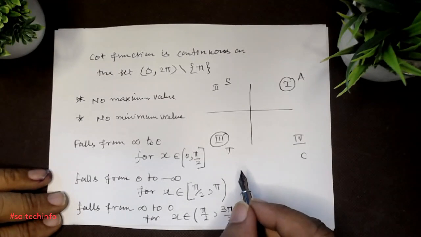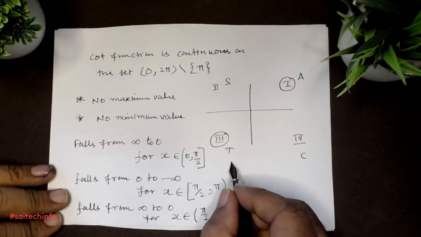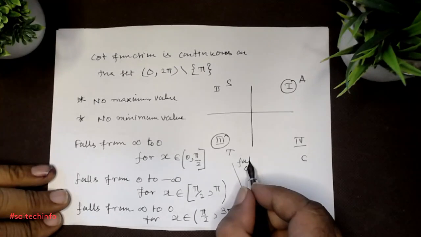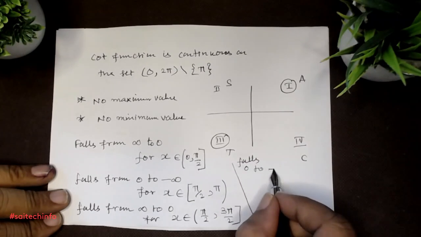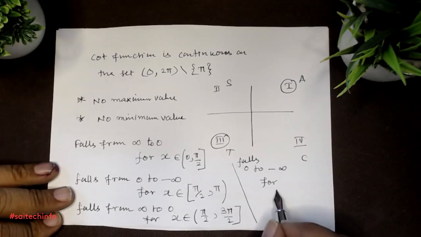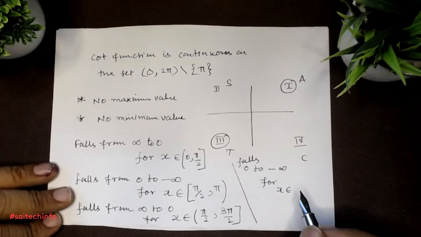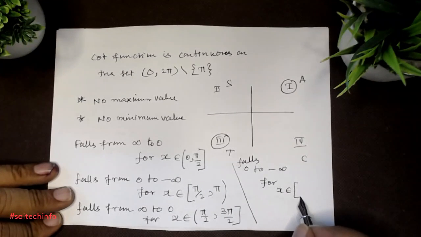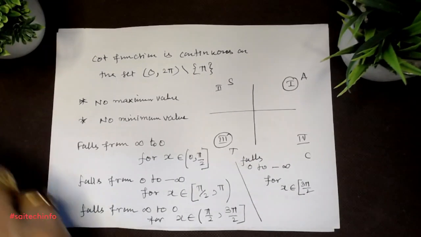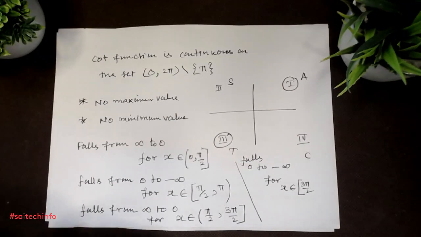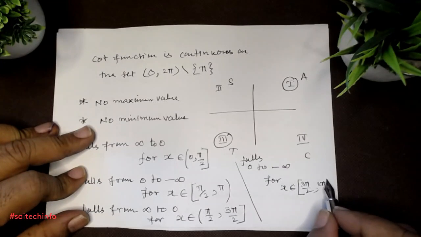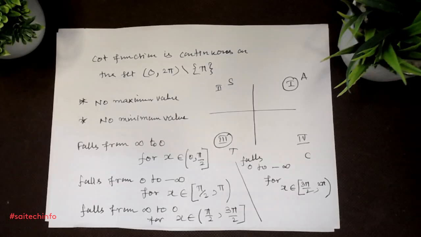Then it falls from 0 to minus infinity for x that belongs to 3 pi by 2 to 2 pi, with the open interval. Okay.